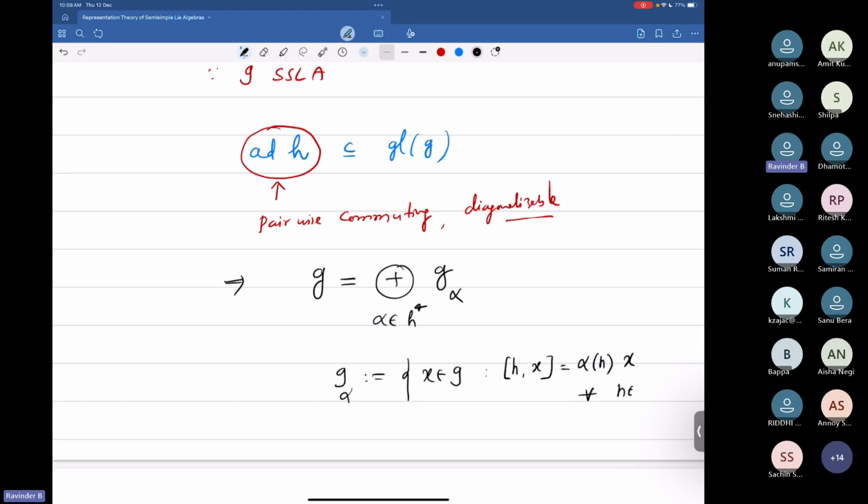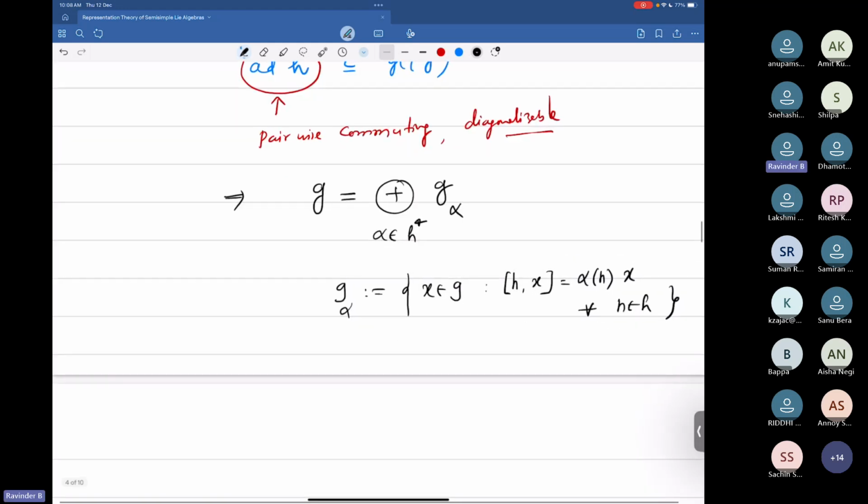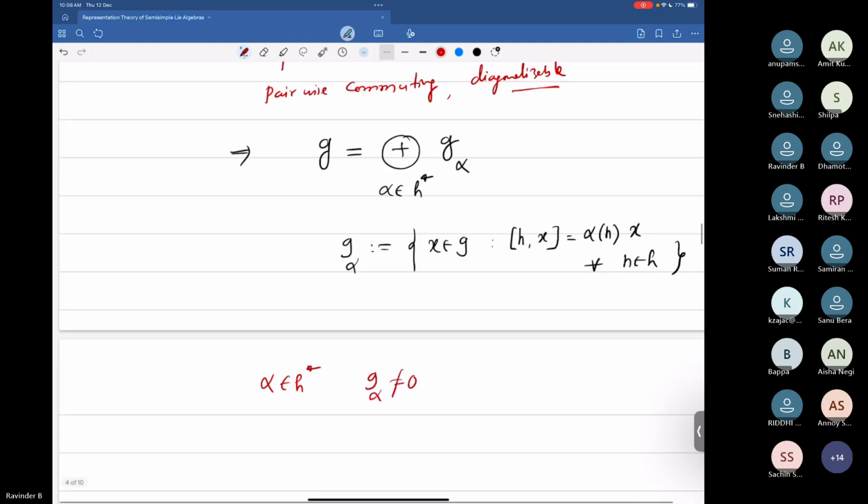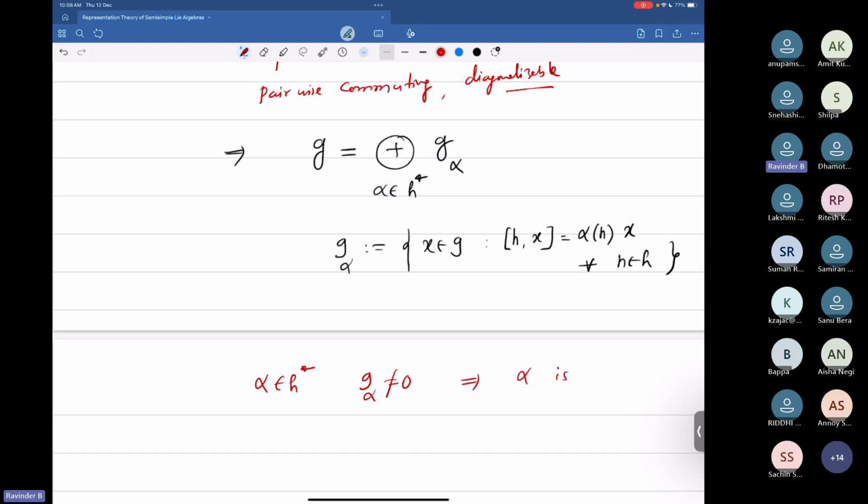This was called a weight space earlier. What we are calling now is a root space. This decomposition, whatever you are getting here. So whenever alpha is in H star and G alpha is non-zero, then such alpha is called a root of G.